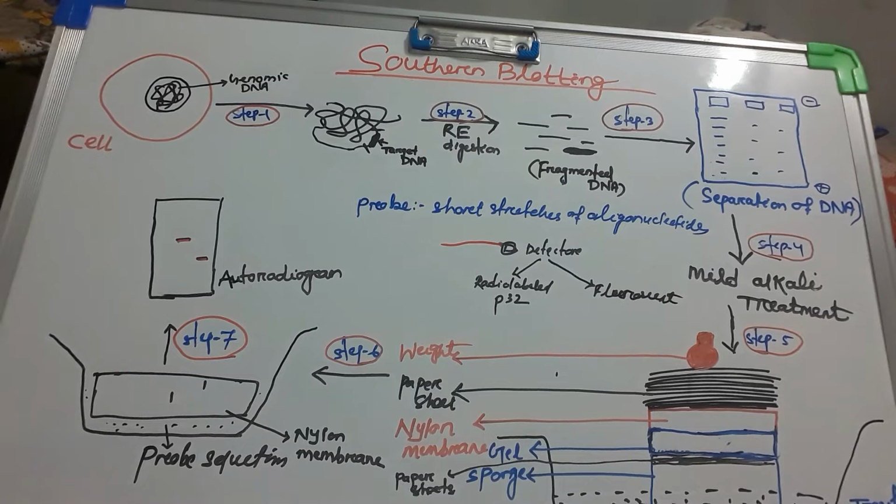The fixation process can be done either by heating or by giving UV light. After the fixation process, we have to put that nylon membrane in a probe solution for probe hybridization. A probe is a short stretch of nucleotides having a detector.